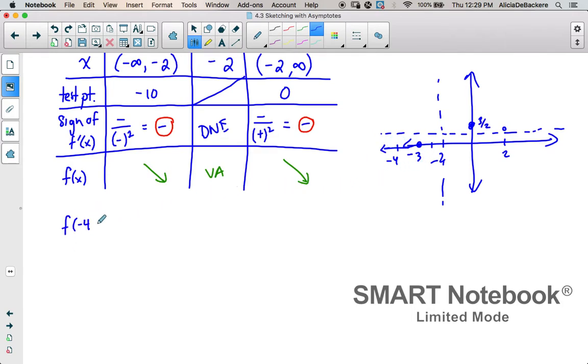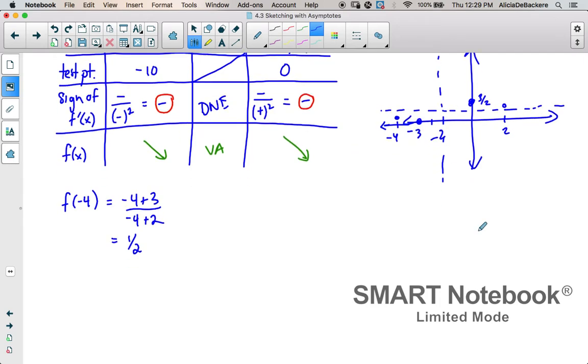So at -4, if I plug that in again to my simplified function, I'm going to get -1 over -2, so it comes out to a height of 1/2. And so now I've got that extra point in here, and that's going to help me sketch my curve. So I've got an idea here of what kind of scale I need to see, and I'm going to get my graph going.